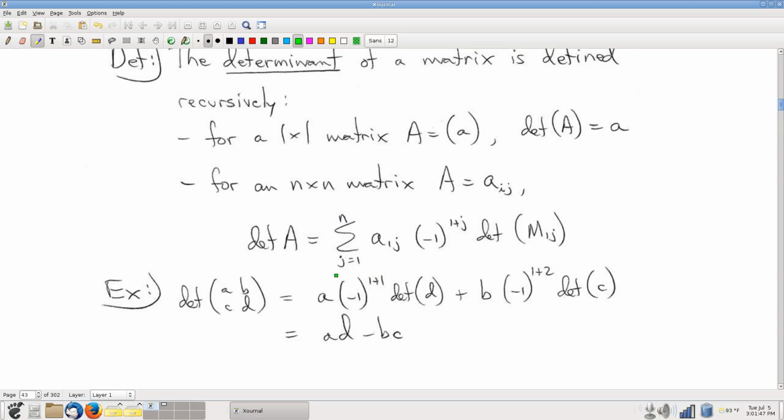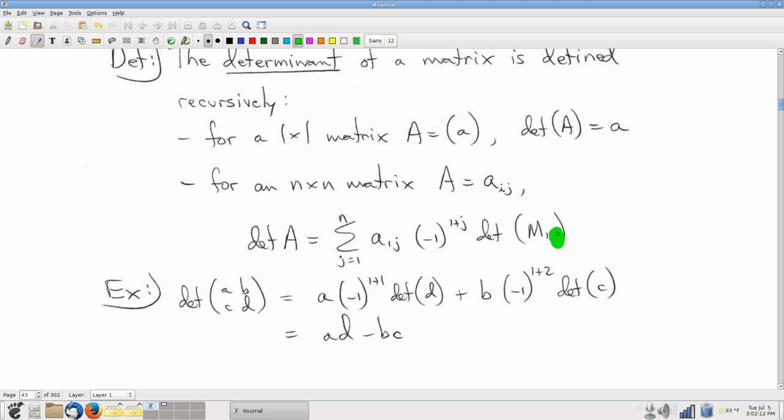Now, in this formula, where is j? Well, it's the column number in this factor. This factor is saying, I want to look at particular elements of my original matrix. So we're going to be changing columns. The column number that we'll be looking at will be ranging from 1 to n.